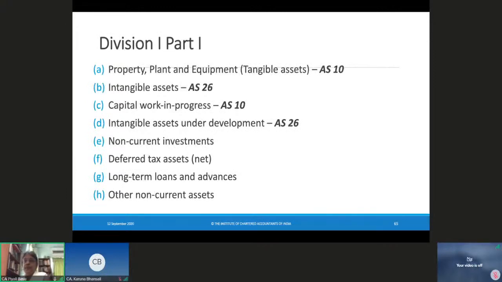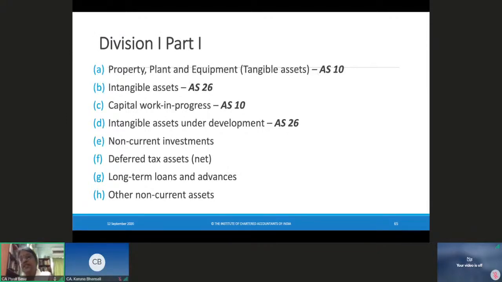Your software is getting developed, and the vendor says it will be done only after two years, and they need some advance for that. So that advance has been provided, and because it will be adjusted only after two years, it comes under loans and long-term advances.